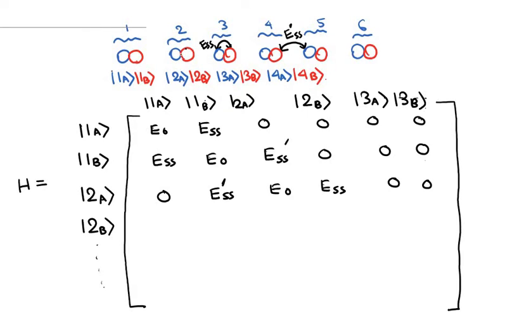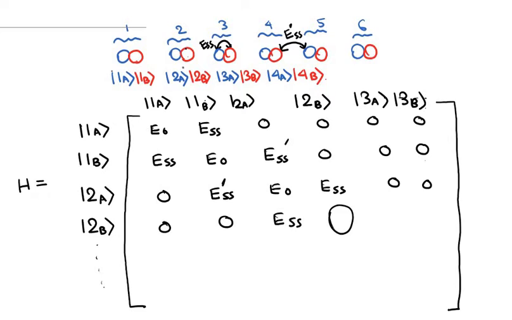There is no coupling of these atoms with these two atoms, so the first two are 0. The third one corresponds to the coupling of this atom with this atom, so this one is ESS.